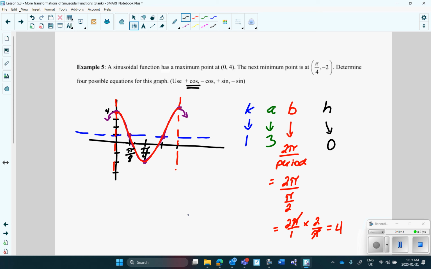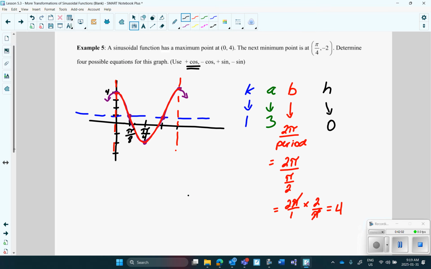You could be asked a question like this, but you would be asked to write 1, not 4. I've never seen a question on the provincial that's been worth more than 4 marks.